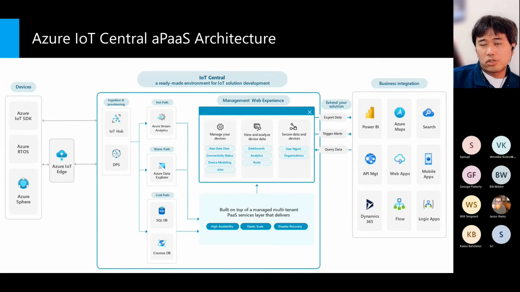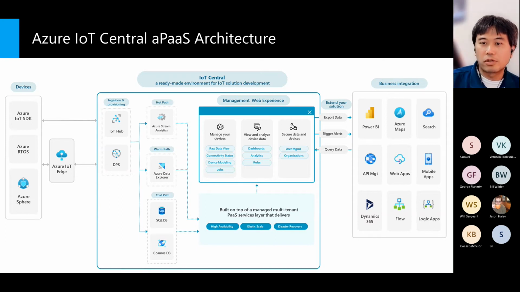Because IoT Central is an application platform as a service, it's actually a collection of a bunch of Azure services. So not just IoT Hub, though it is using IoT Hub in the background, right? It also uses DPS, or Device Provisioning Service. As it receives data, it uses Azure Stream Analytics. It's using Data Explorer for warm path and SQL DB for cold path.